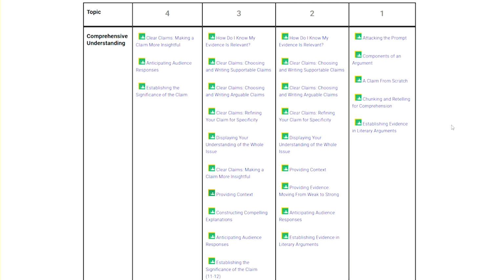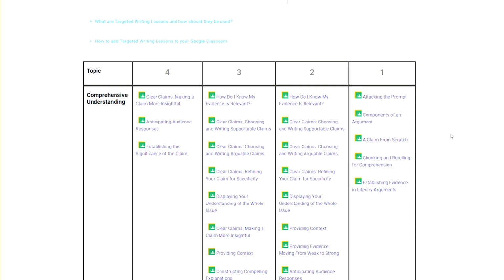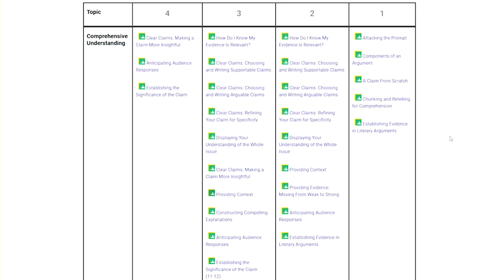Our form guides are an important structure for responding to student writing. They provide some of the core instruction around the most important features of each genre, whether that's, again, argument, info-explanatory, or narrative. Those are important and useful, and sometimes you need something more than that or different from that. And so these targeted writing lessons go in at a much finer grain size in their instruction.